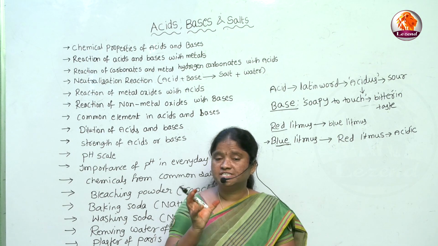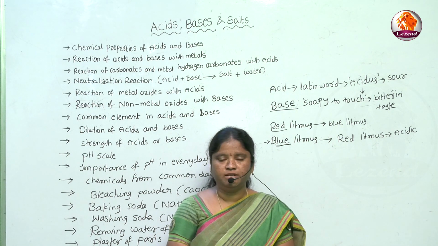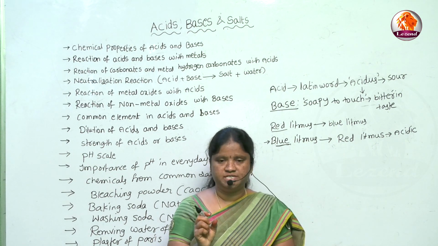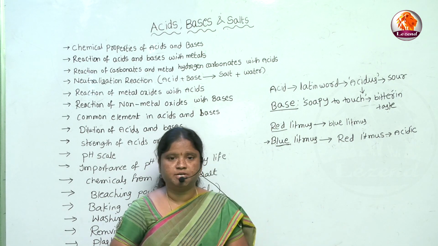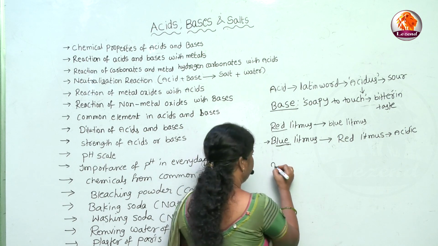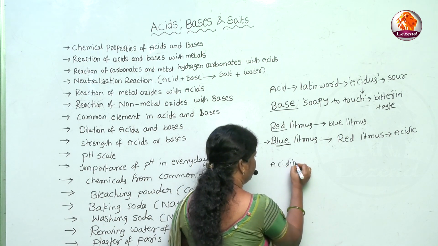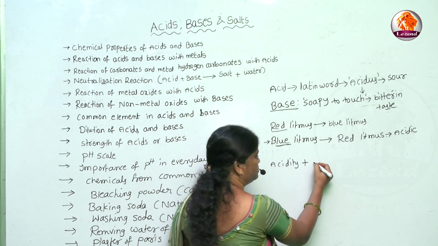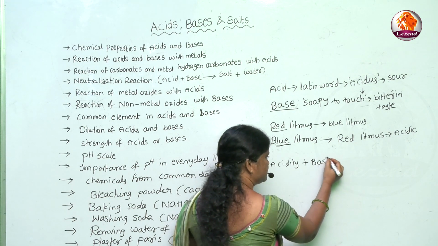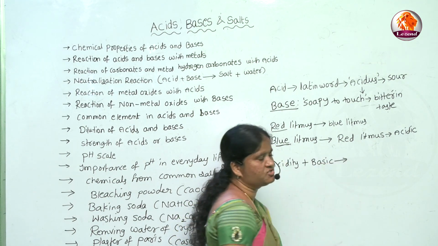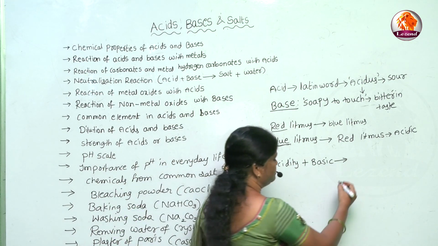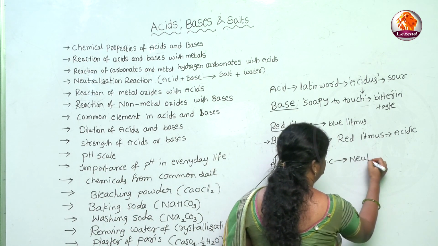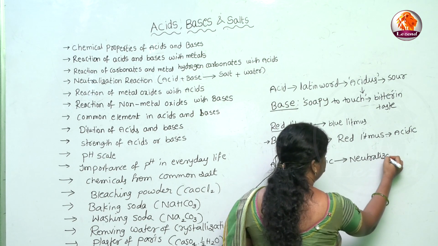What does the antacid tablet contain, and what reaction takes place in our stomach? If the person is suffering with acidity, we can prefer to take a mild basic substance. Then the reaction that takes place in the stomach is a neutralization reaction.